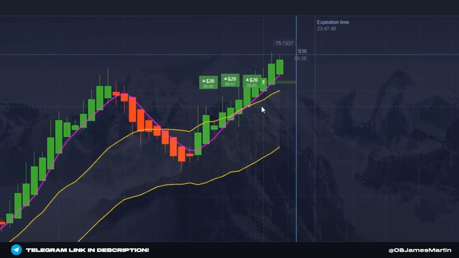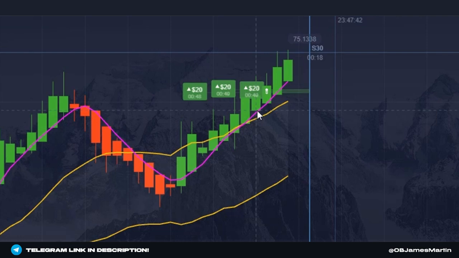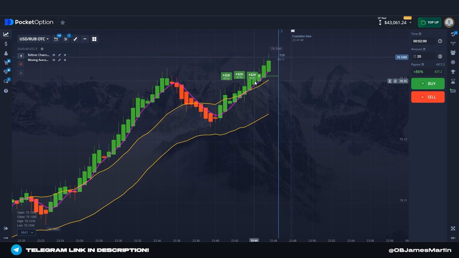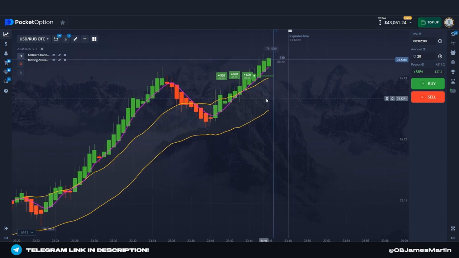When this line moves up and crosses the upper boundary of the Keltner channel, it's a sign that the price will keep rising and the trend won't change anytime soon. The moving average line perfectly lines up with where the Keltner channel ends. At this point, I knew it was time to open trades.